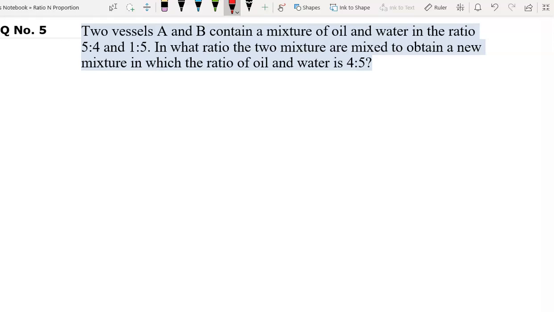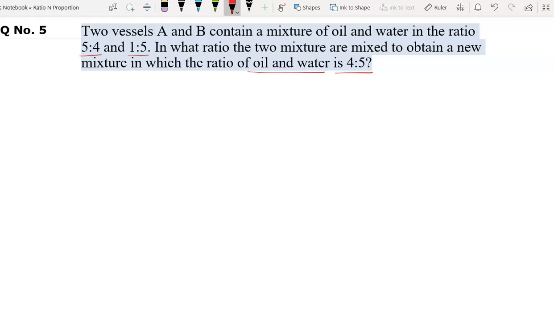Question number 5. Two vessels A and B contain a mixture of oil and water in the ratio 5:4 and 1:5. In what ratio the two mixtures are mixed to obtain a new mixture in which the ratio of oil and water is 4:5? Now this question is reverse of question number 4. Here we need to find in what ratio the two mixtures are mixed.